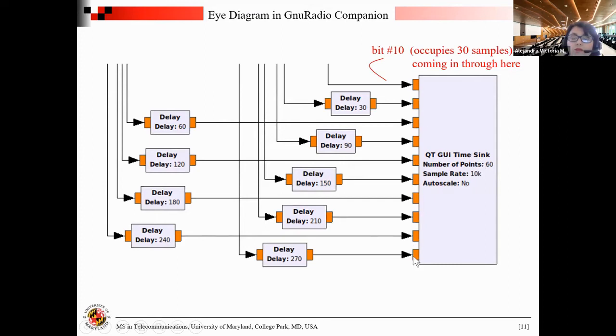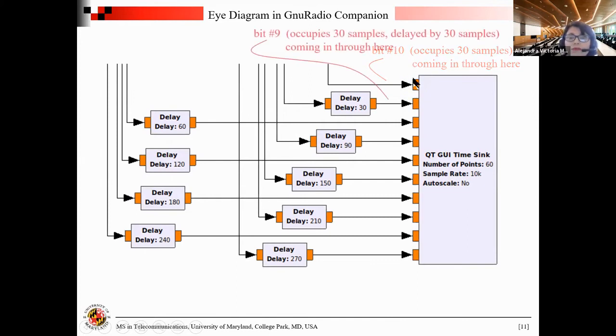So the input that has no delay is the current or latest bit, which occupies 30 samples, and it's going to come in through here. The next one has 30 sample delay. In other words, it is the previous bit that also occupies 30 samples, right? It's bit number 9 in this example.